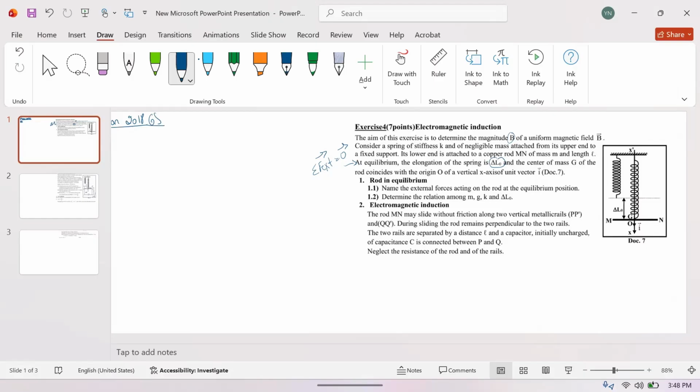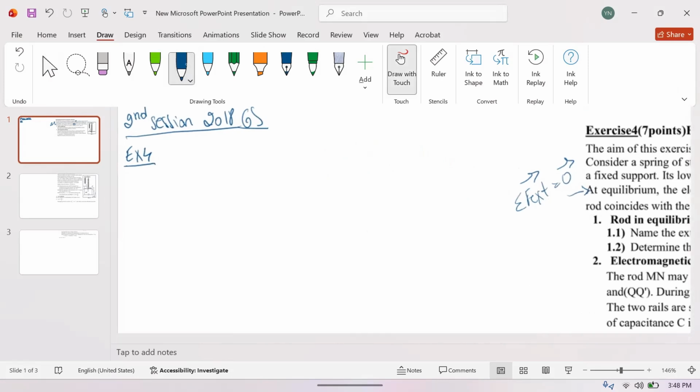So in question 1, part 1, we have the rod in equilibrium. Name the external forces acting on the rod at the equilibrium position. I think that's really obvious, and it's more like a grade 9 type of question. We have a spring, and something attached to it, no matter what it is, a sphere, a rectangular solid, or a rod MN.